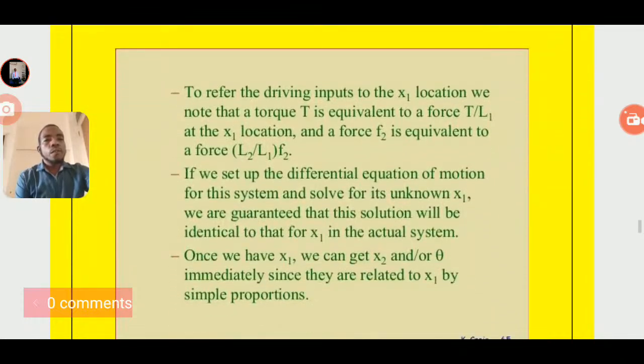So to refer the driving impulse to the x1 location, we note that a torque T is equivalent to a force T by L1 at the x1 location, and a force F2 is equivalent to a force L2 by L1 times F2.